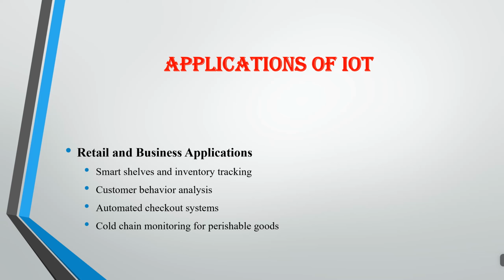So who is going to do the customer behavior analysis? Automated tools will help you look into it. Then automated checkout systems and cold chain monitoring for perishable goods. These are all applications of IoT under retail business applications.